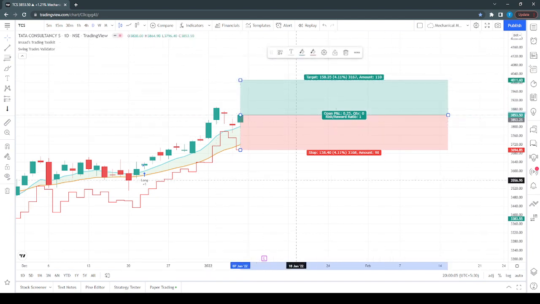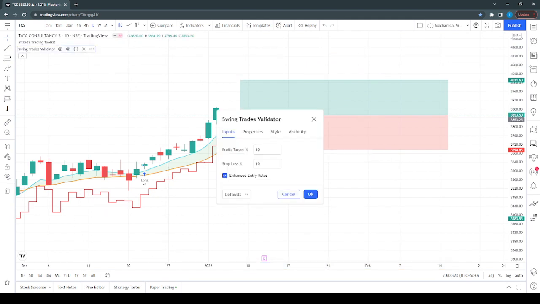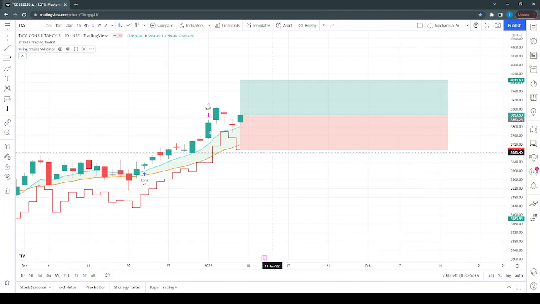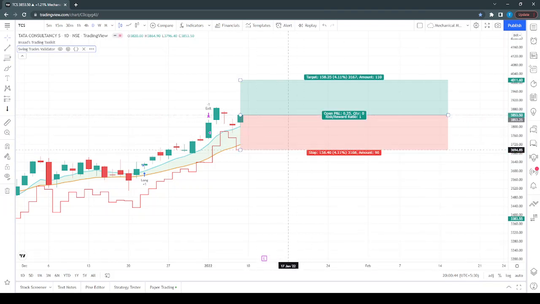Once we have done this, our long position tool has been set up. You will see that our stop loss from our entry point is 4.11% down and our profit target is 4.11% up. In our swing trades validator, this is what we need to place. If we enter this trade right now, with a stop loss at 4.11% and a profit target at 4.11%, what is the probability that we might end up in a profit in this trade?